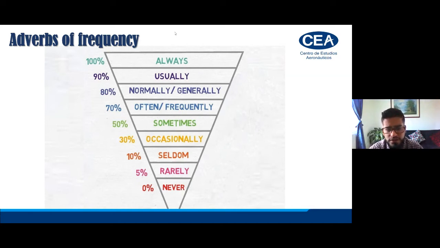For today's lesson, we're going to talk about the simple present, okay? Because it's possible that you can use it at any time. So in this part, we have the difference between these adverbs of frequency. In this slide, we have a list that starts from always, that is 100%, and finally we have never, that is 0%.